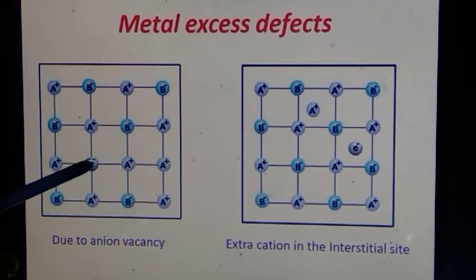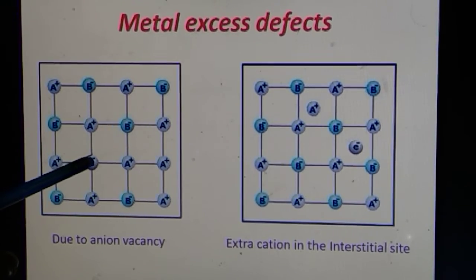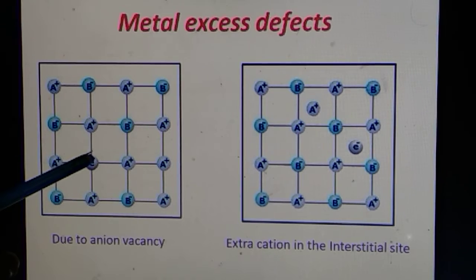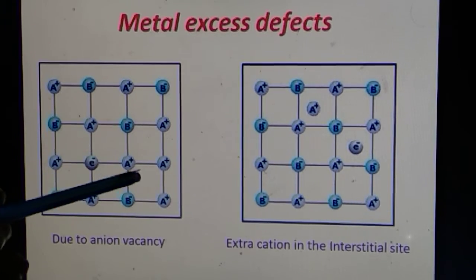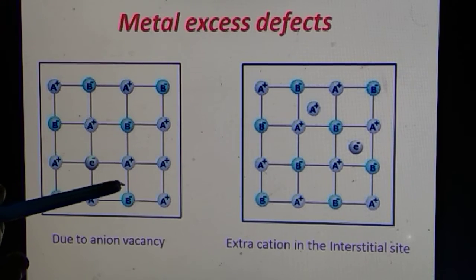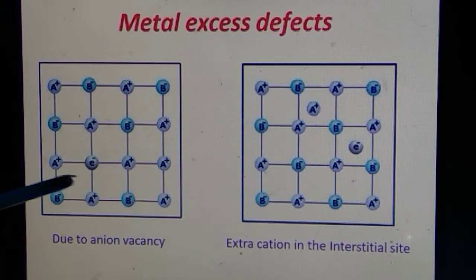This e- comes from the sodium. The sodium loses one electron and this electron occupies the vacancy of the anion. Now the crystal has excess sodium ion. Which ion is in excess here? Sodium ion. So this is the metal excess defect due to anionic vacancies.